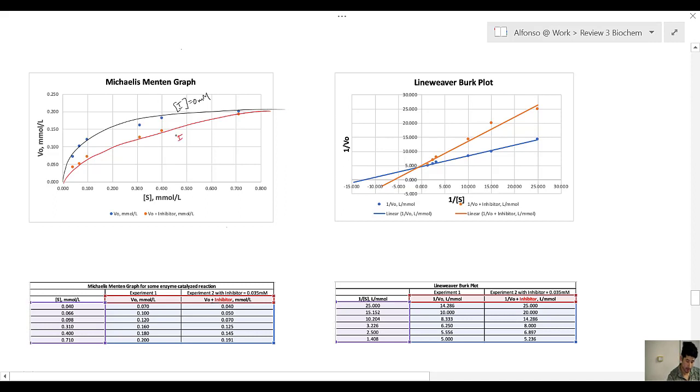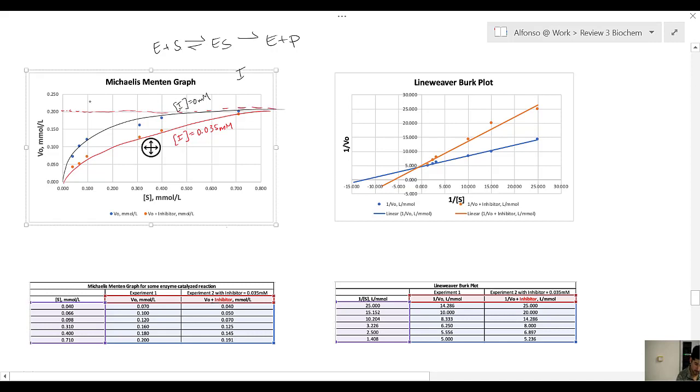And then this line represents the same reaction with an inhibitor concentration of 0.035 millimolar. So essentially we had a reaction going on, enzyme plus substrate forming enzyme substrate complex, and then enzyme plus product. And then all of a sudden we introduced an inhibitor which would slow down this reaction.